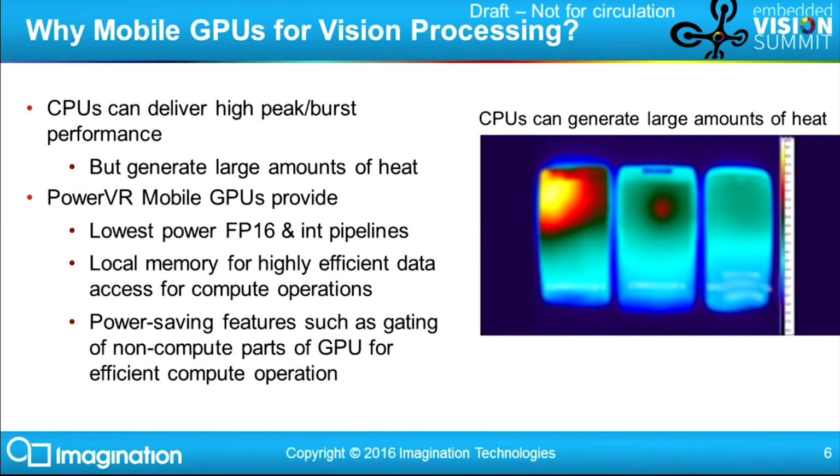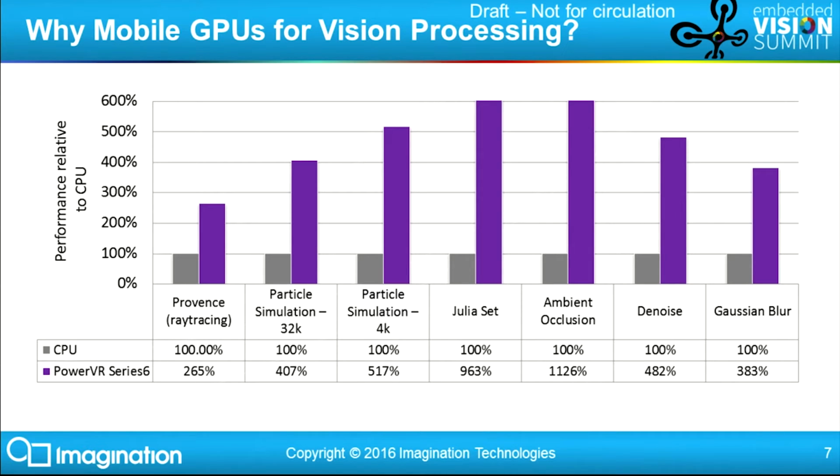So if you're running compute tasks, the hardware powers down the graphics parts, which helps to save energy. This graph gives an example, across a range of different compute tasks, of the performance gains you can get by moving from a mobile CPU to a mobile GPU. We can see somewhere between 2.5 and 11x performance gains moving from a CPU to a GPU.